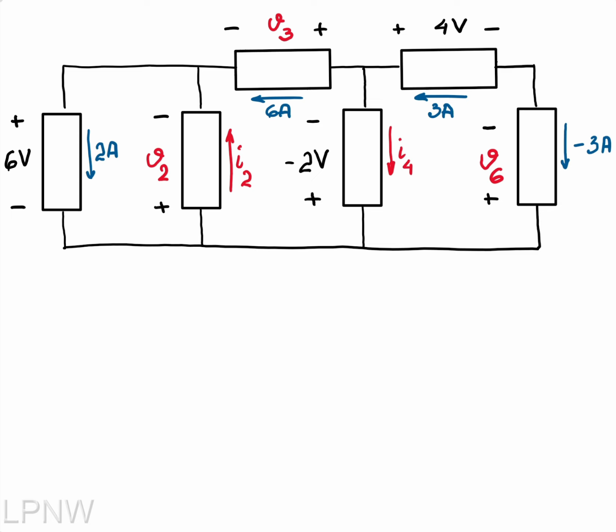So don't forget two things. Kirchhoff current law always applies at a node, and it basically says that the algebraic sum of all the currents that are entering the node equals the algebraic sum of all the currents that are leaving the node. Kirchhoff voltage law, on the other side, applies only at a loop.